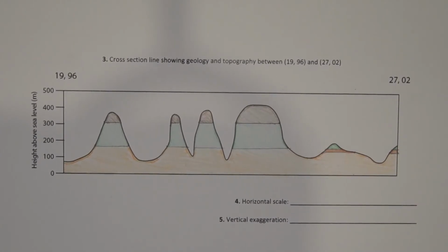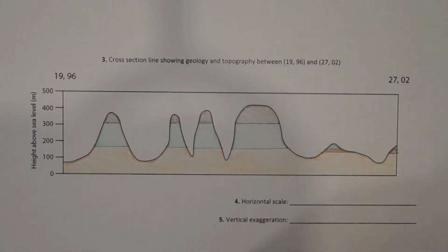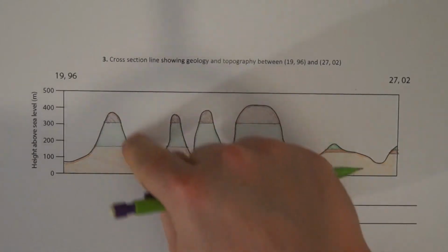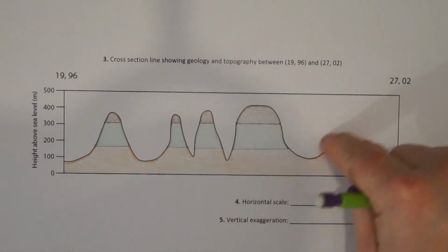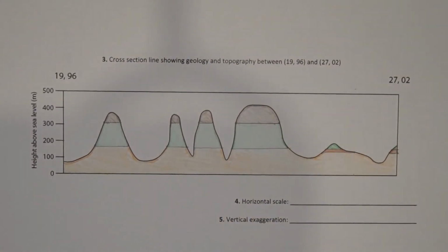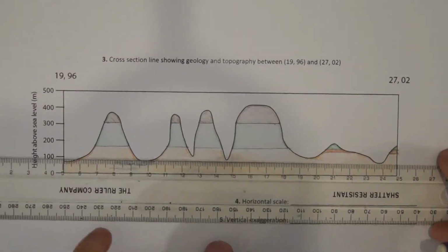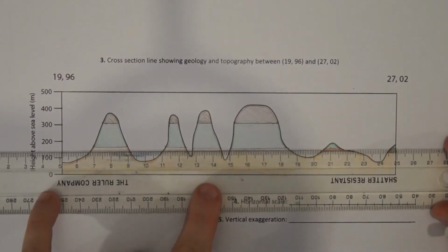But what we can do is maybe demonstrate that we know that the current surface that we're seeing is a product partly of modern erosional processes. So maybe what we could do is show or extend the geology above the surface to show what it would look like before it had been incised by these valleys, before it had undergone these modern erosion processes.